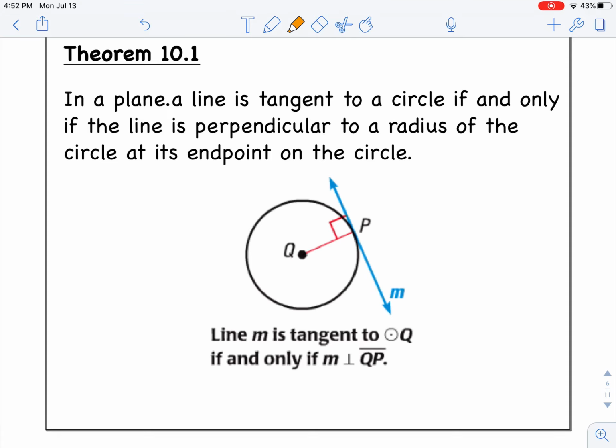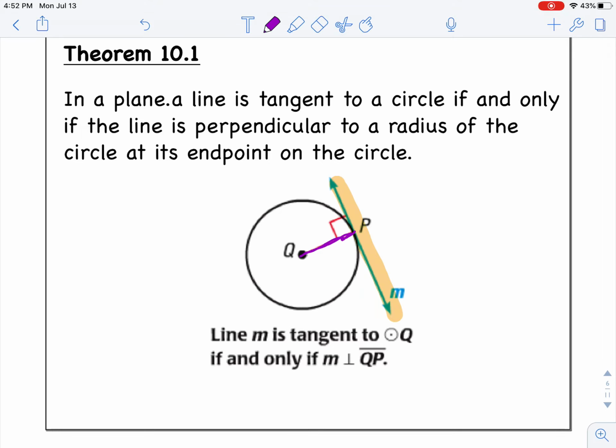All right, so hopefully you're understanding this terminology. So we can come to our first theorem, 10.1. In a plane, a line is tangent to a circle if and only if the line is perpendicular to a radius of the circle at its endpoint on the circle. So this line right here, M, will be tangent to the circle if and only if this radius right here is perpendicular.